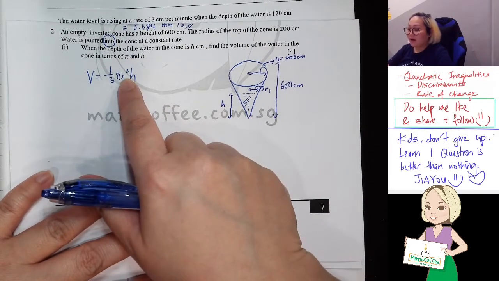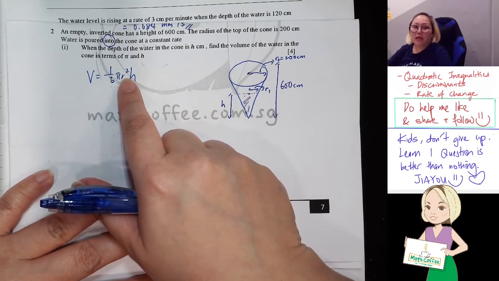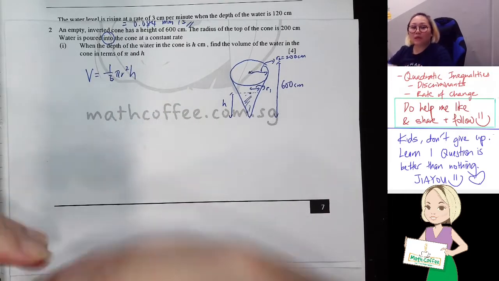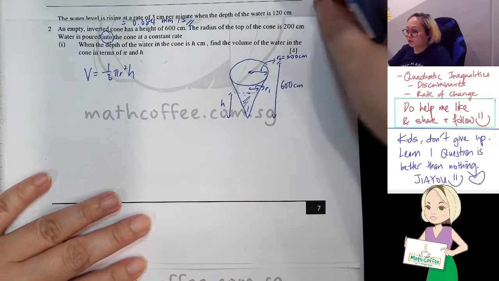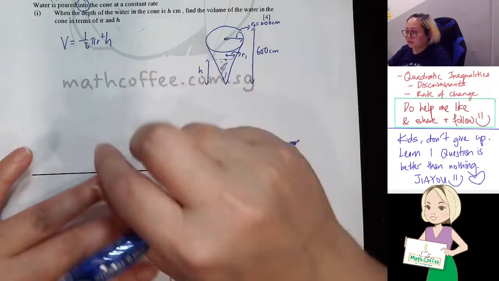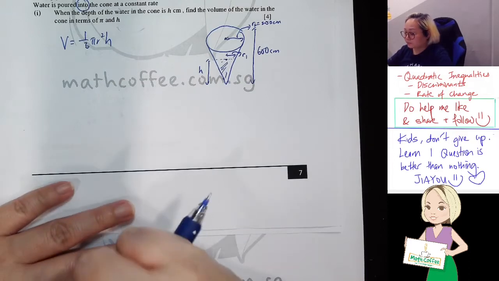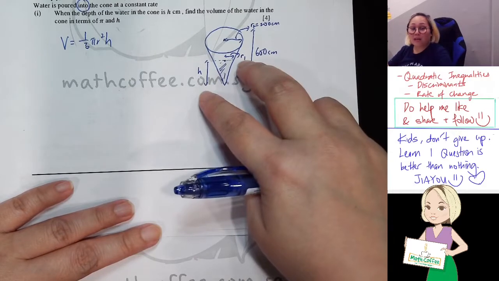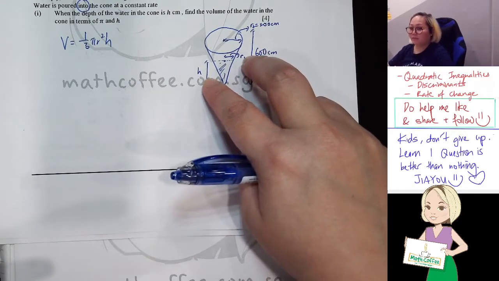So I have an extra r here, agree? So what can you do? You have to remove the r by replacing it in terms of h. So that's the tough part. This is Set 4 differentiation rate of change. So how are we going to link a formula that relates h and r? It is using similar triangles.